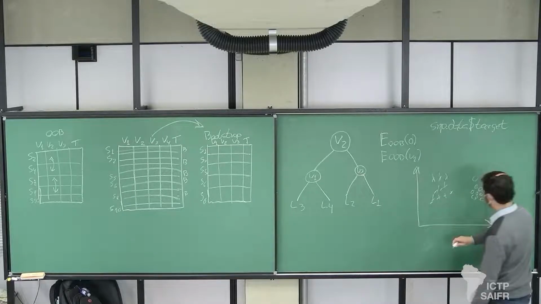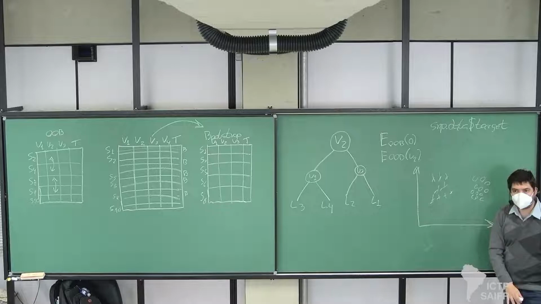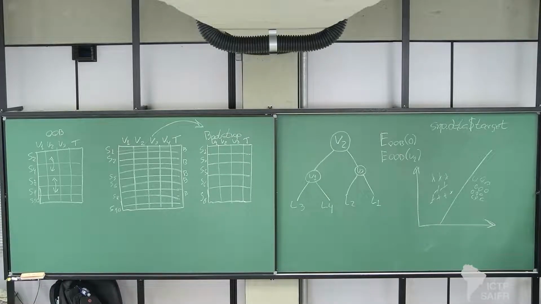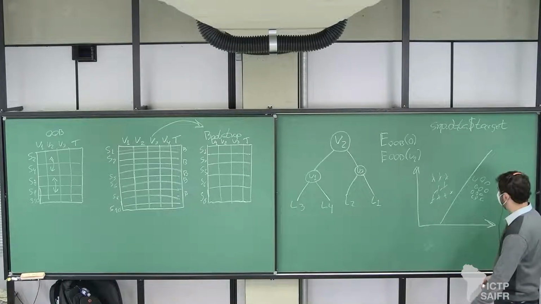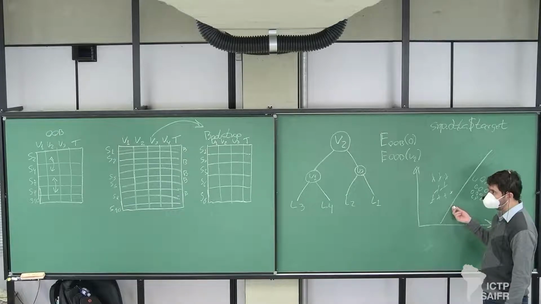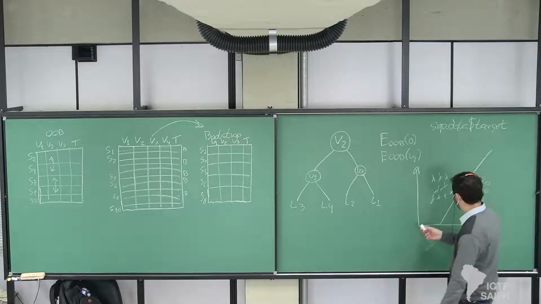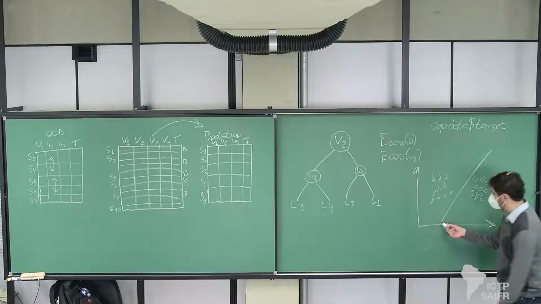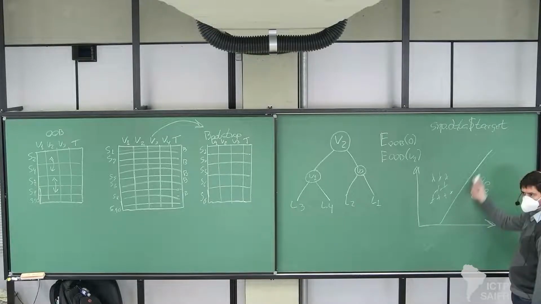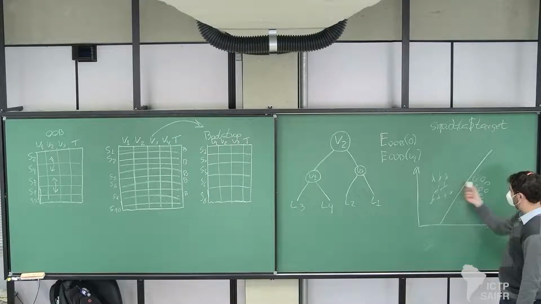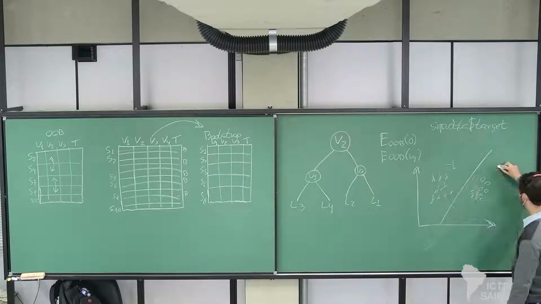These are linearly separable patterns because I can put a line here to separate the data. So the objective of the algorithm is to draw a hyperplane that separates the negative patterns from the positive ones.